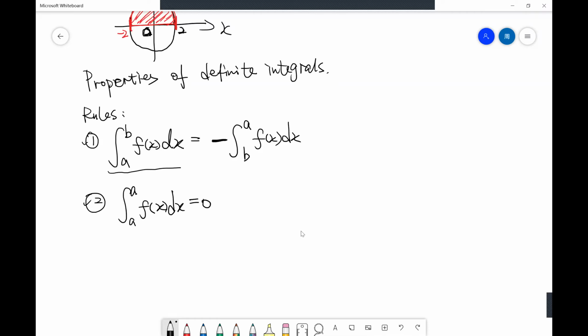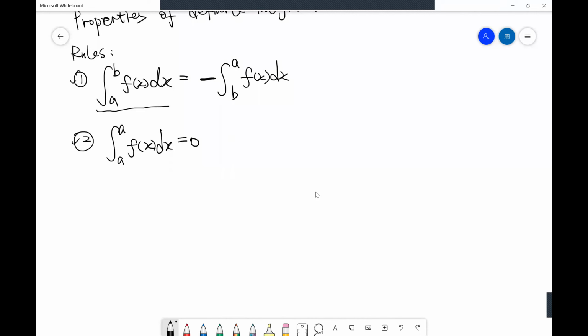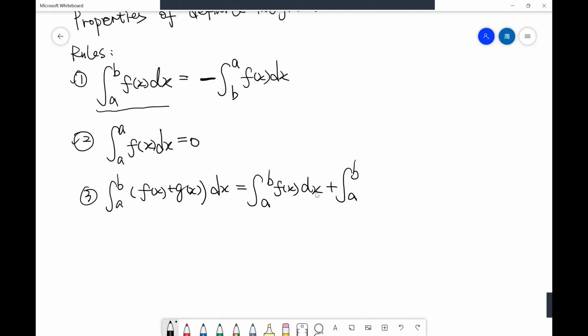So here too, you should remember the other rules. And then we also have the sum rule and product rule here. That means from A to B, f(x) plus g(x) dx can be separated, equals from A to B, f(x) dx plus from A to B, g(x) dx.